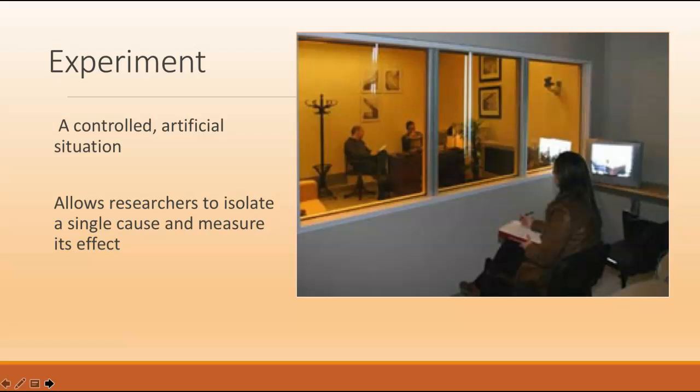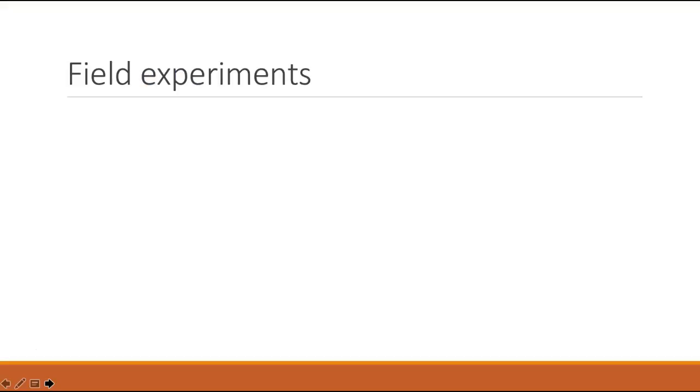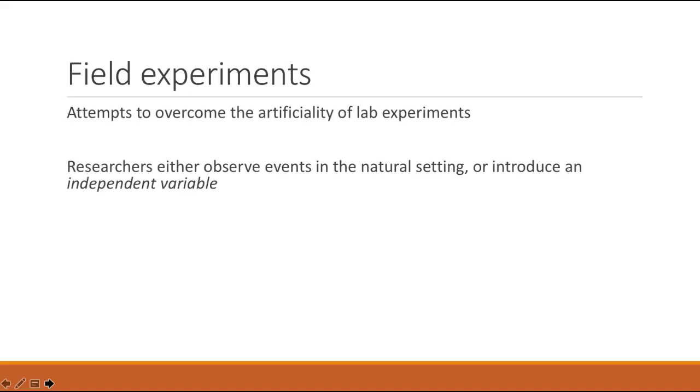Now, the problem built into experiments is that people rarely behave in a laboratory the same way they do in their normal social context. This is why sociologists are more likely to conduct field experiments, which take place in a natural setting. Sometimes their experimental method involves systematic observation of events in a natural setting.